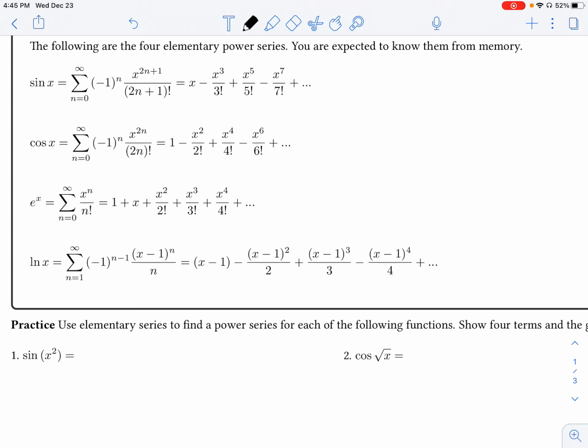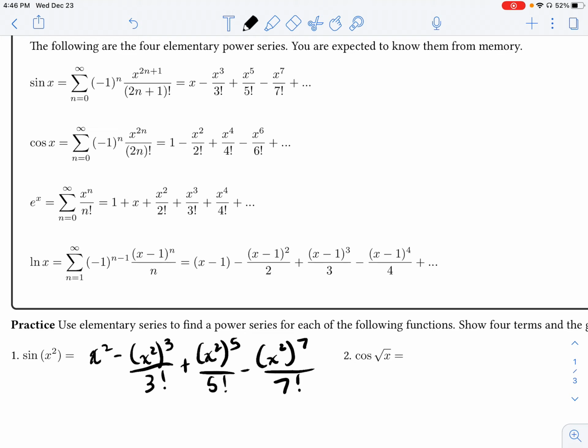So normally we would write x minus x cubed over 3 factorial. But in place of the x, we're going to write x squared minus x squared cubed over 3 factorial, plus x squared to the 5th power over 5 factorial, minus x squared to the 7th power over 7 factorial, and so on.